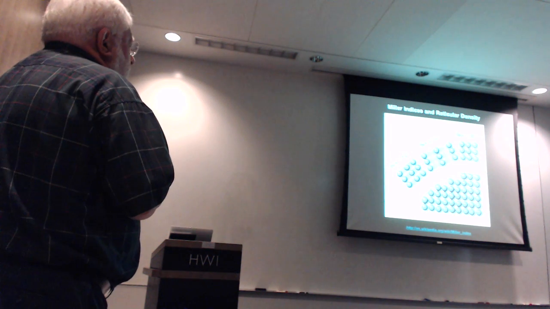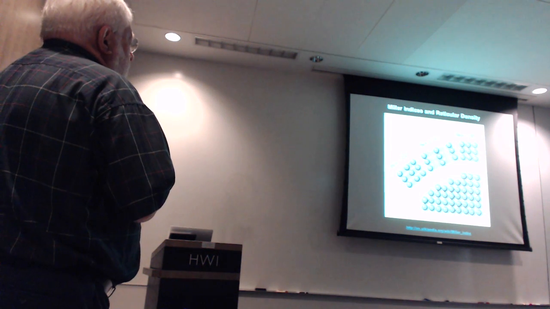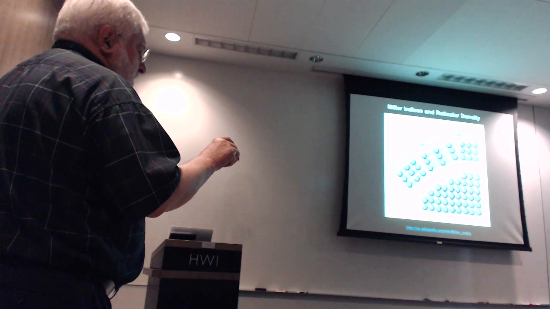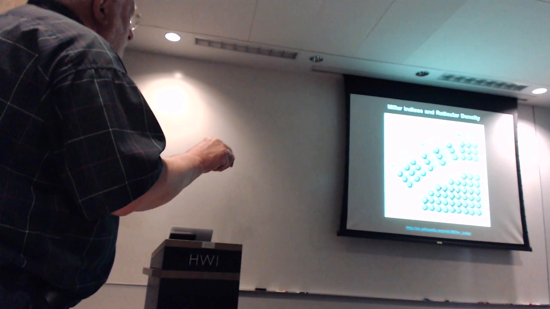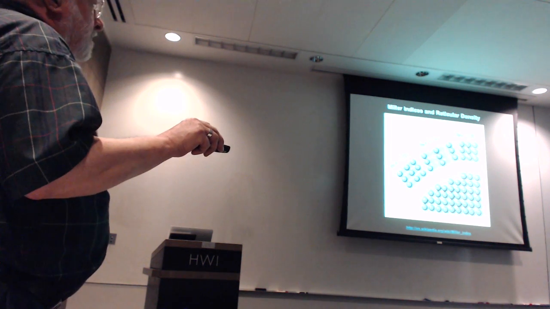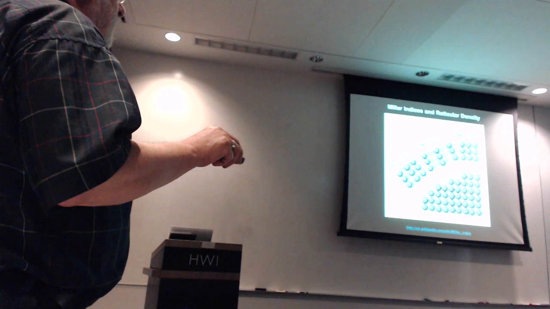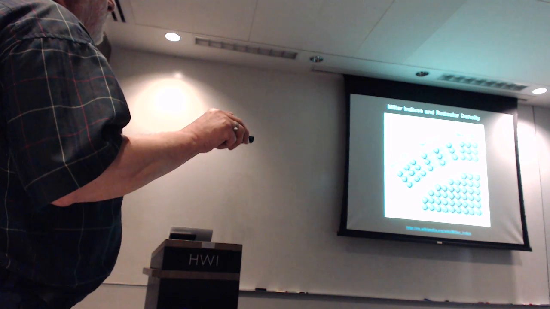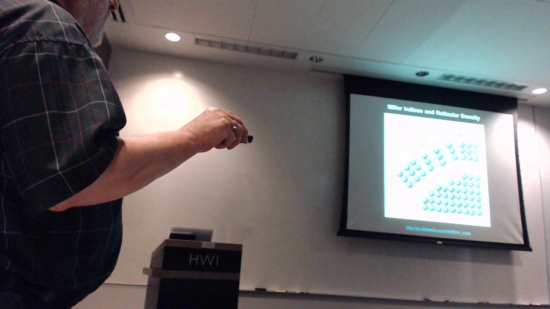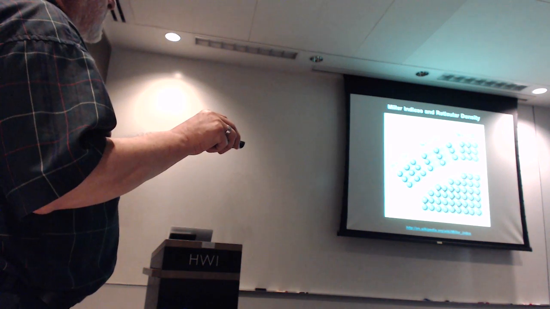This is an illustration again of this relationship between the Miller indices and the reticular density. So we're considering the case of a simple cubic packing of lattice points or entities building up the crystal. So here is the arrangement for the 100 face of this hypothetical crystal, okay?